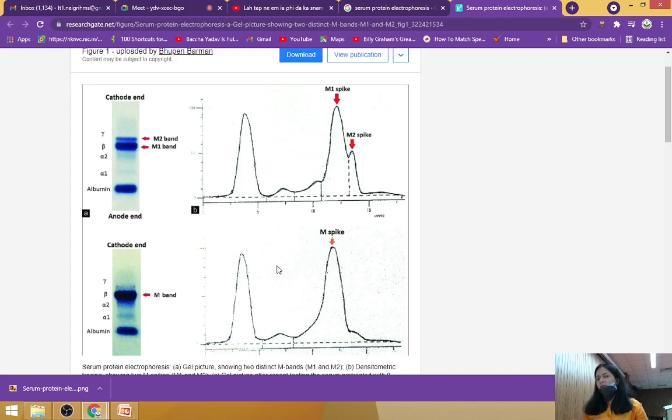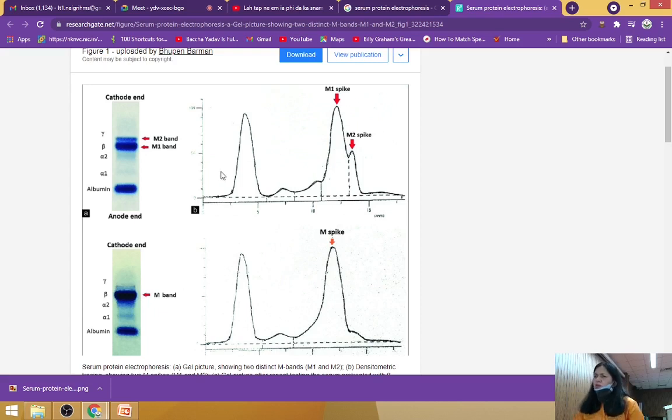But without adding an anticoagulant, if you allow the blood to clot for some time and then centrifuge it, the supernatant is known as serum. So remember, serum is without anticoagulant and plasma is with anticoagulant. In serum, all the clotting factors have been utilized, but in plasma the clotting factors are still there because you are adding an anticoagulant.